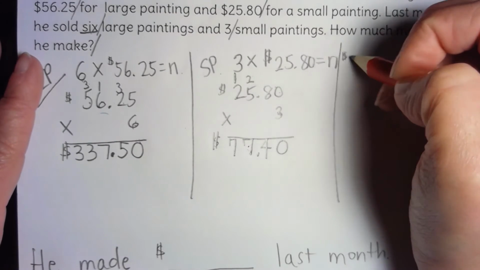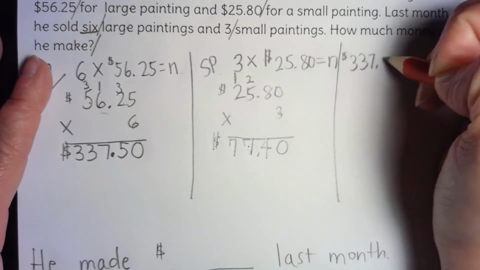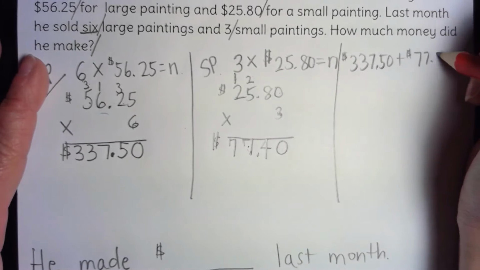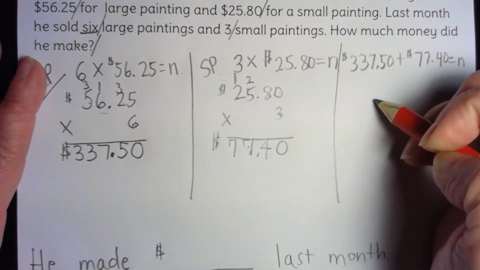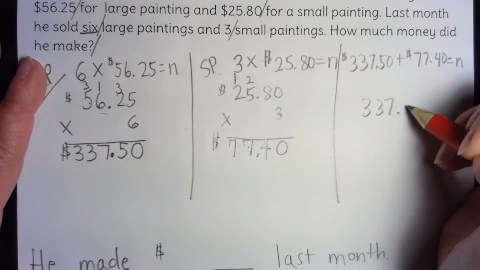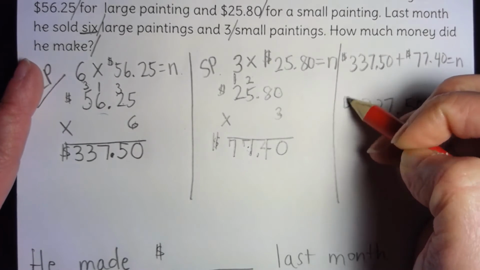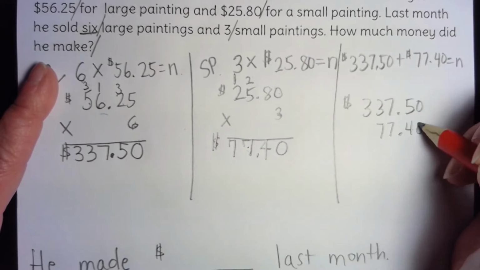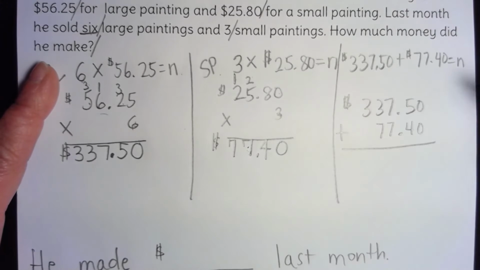So here's my equation. And then I'm going to set it up carefully, making sure to keep my places neat and tight, and that just means that they line up properly.